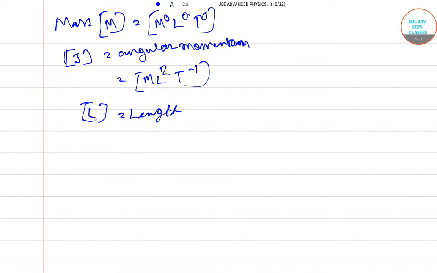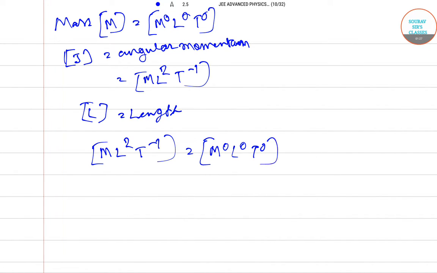So now we can write this angular momentum M L square T to the power minus 1 is equal to the dimensionless mass. From these two we can write L square is equal to T.